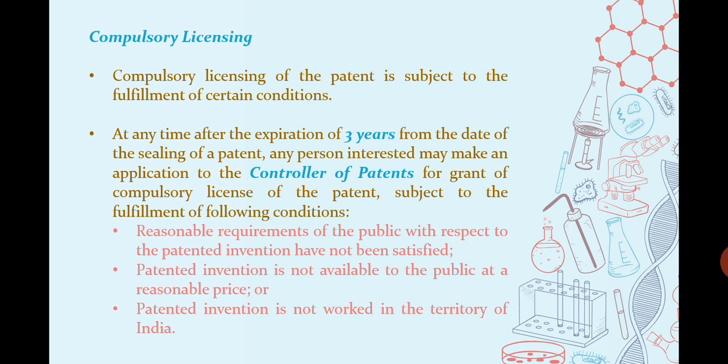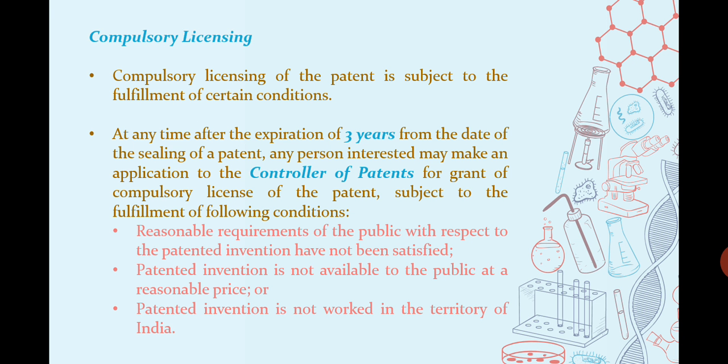Now, that is something which is not a price which is affordable to each and every citizen or each and every person. If let's say a person has got 10 family members, 10 into 10,000 is something which may not be affordable for everybody. So if the patent holder is not providing the invention to public at a reasonable price, the compulsory license can be obtained by the government for providing the patented invention.